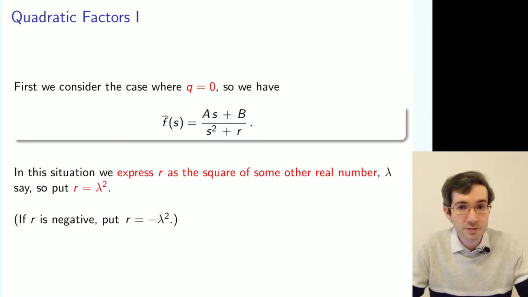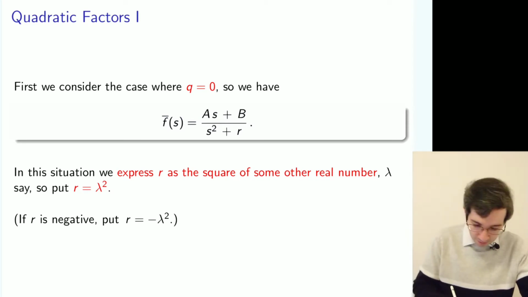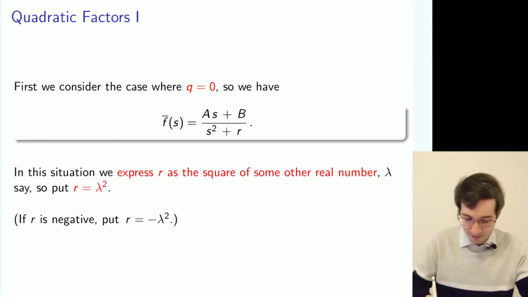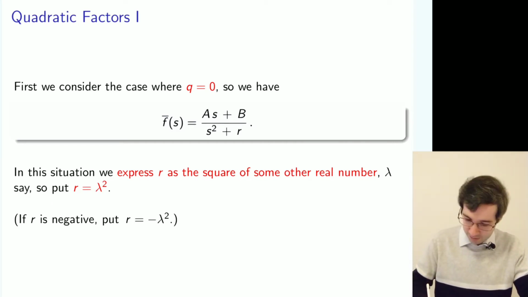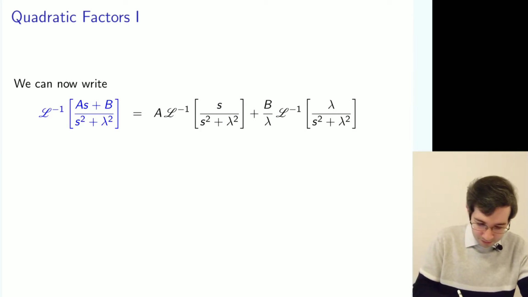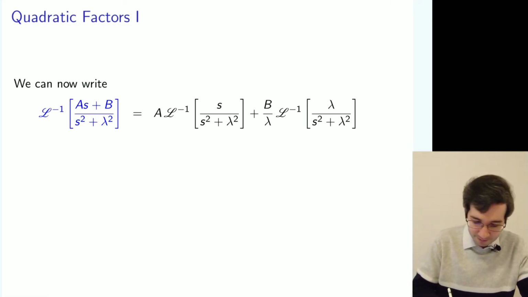You may ask, what if r is not a positive number? What if it is negative? Well, then we just express it as a minus square of a positive number. But let's say it's a positive number.